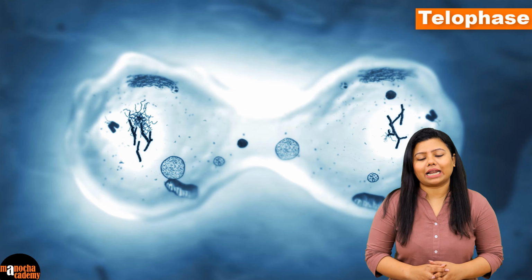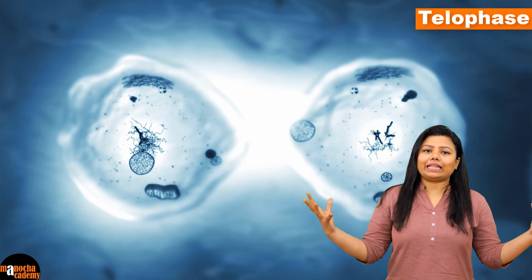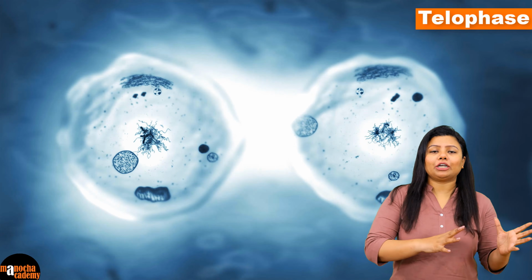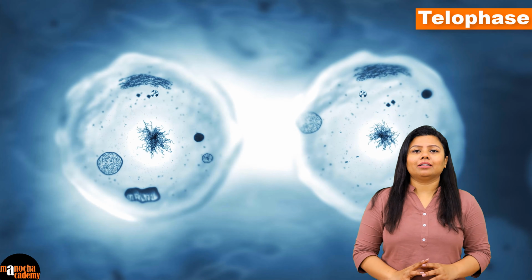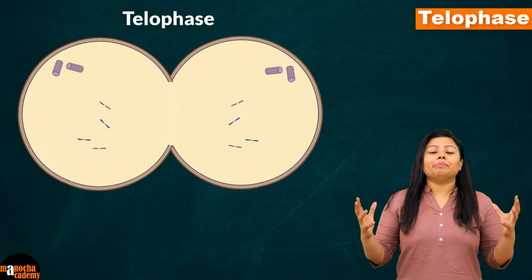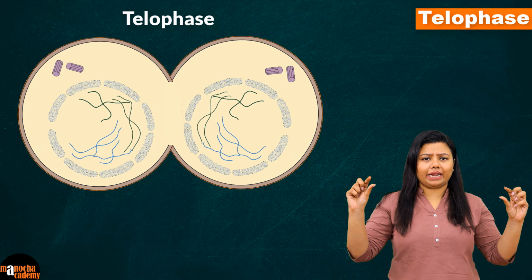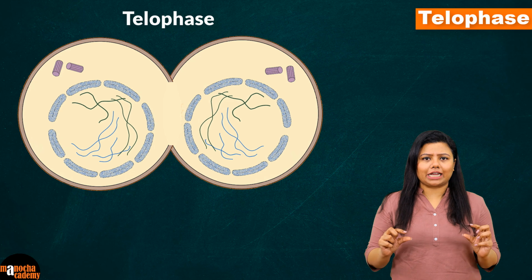The chromosomes now de-condense, that is they uncoil and they take in water to go back to their thin thread-like chromatin form. Eventually, the nuclear membrane and the nucleolus reappear. So fragments of nuclear membrane were floating here and there in the cytoplasm.